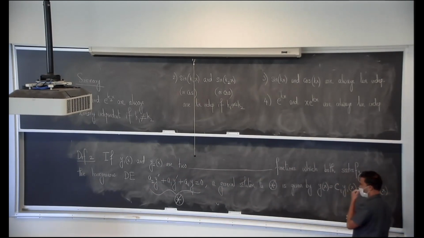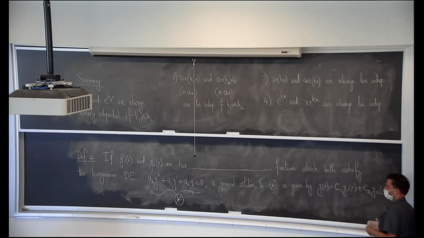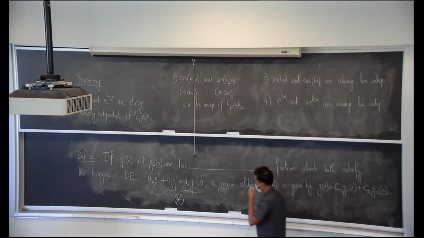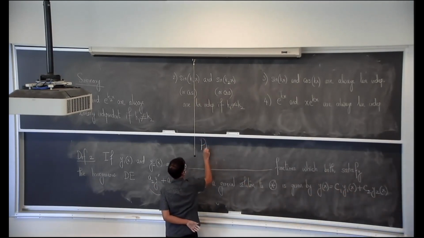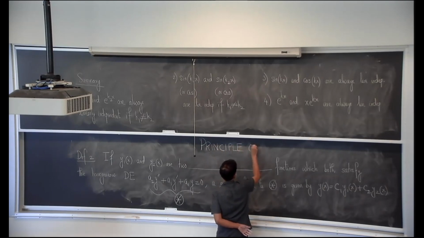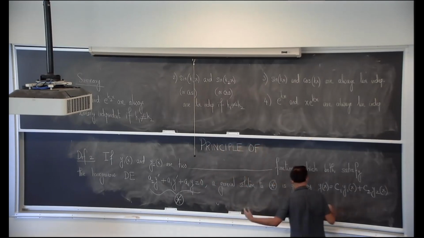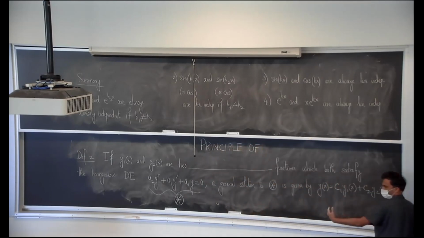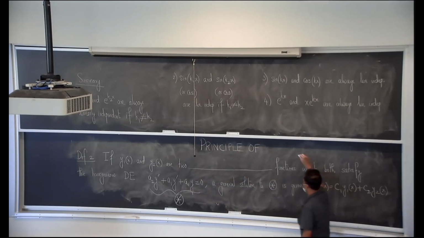It's a golden rule of differential equations starting from second order. It's called the principle of superposition. Why is it called superposition? Because we are superimposing two things from two different places.